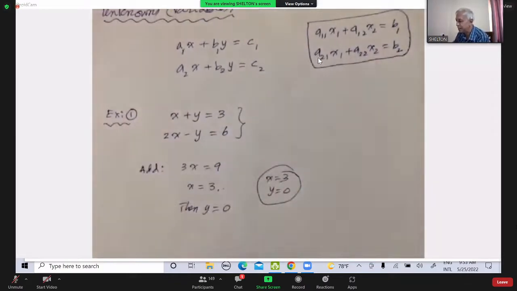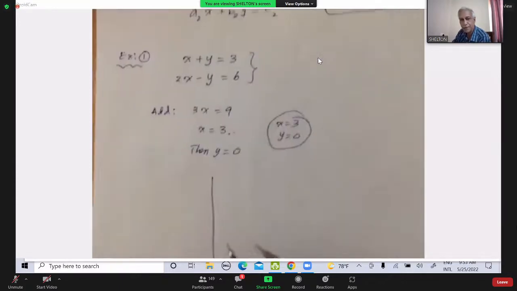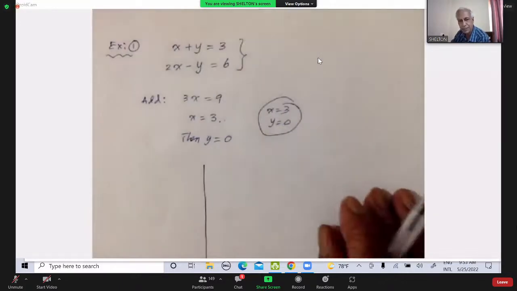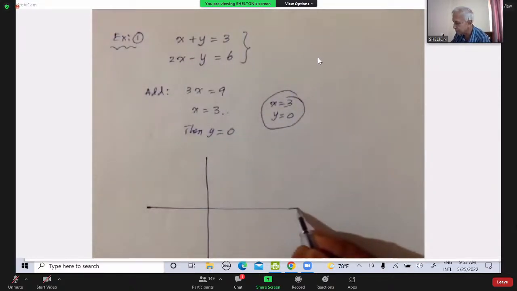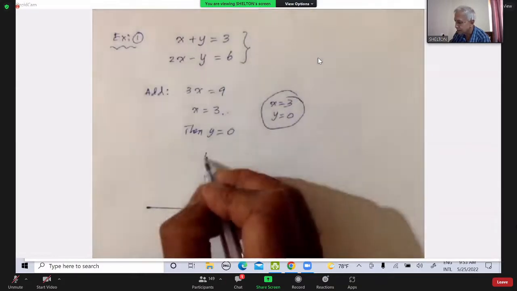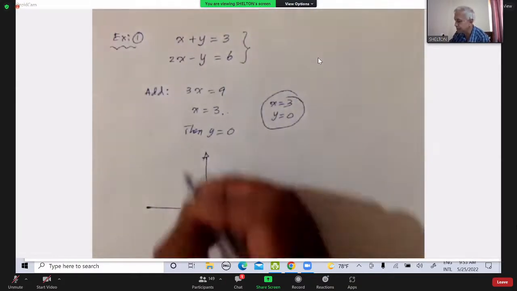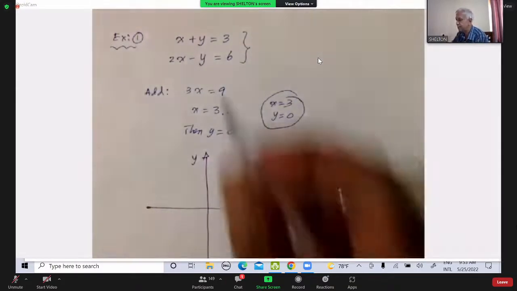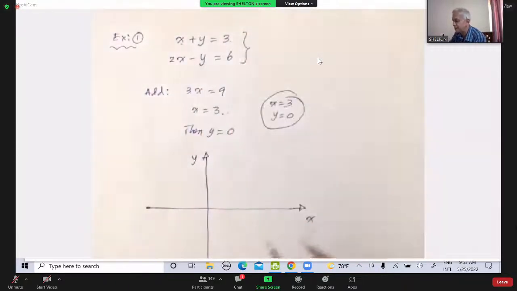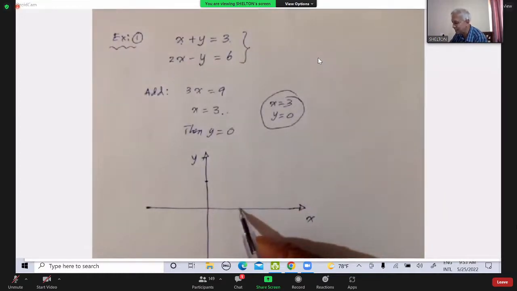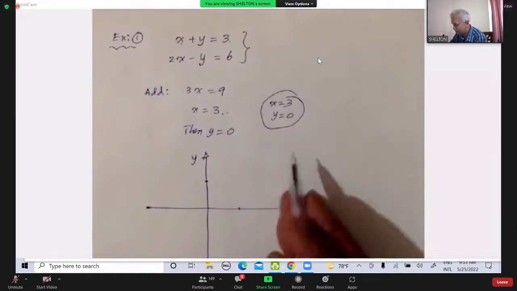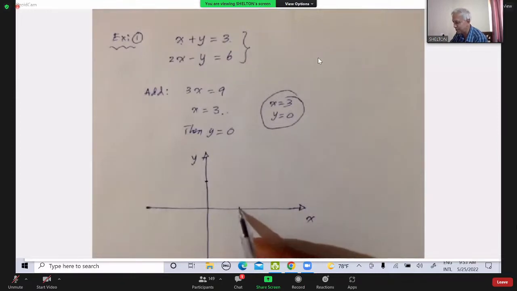Let us look at this geometrically. Go to the xy plane and draw the two lines. These are two straight lines. Draw the first line, x plus y equals 3. When x is equal to 0, y is 3. When y is 0, x is 3.